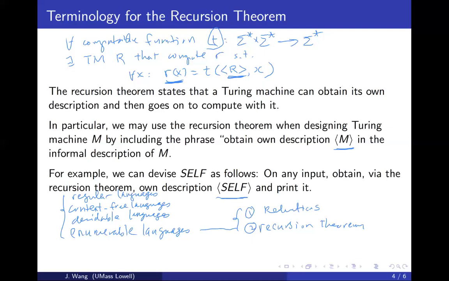For decidable languages, we can use diagonalization and the recursion theorem. And today, we can use diagonalization, reductions, and the recursion theorem to prove that a language is not decidable.